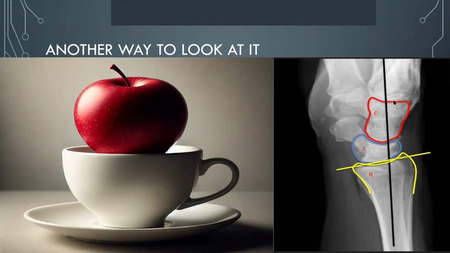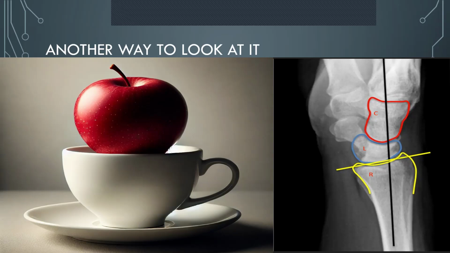But remember, what we're looking at is the capitate sitting in the lunate, sitting in the radius, which is equivalent to an apple, the capitate, being held by the cup, which is the lunate, which is sitting in the saucer, which is the distal end of the radius. All right. So these three are being held in place.